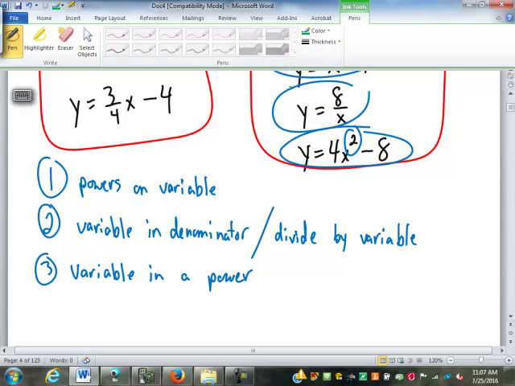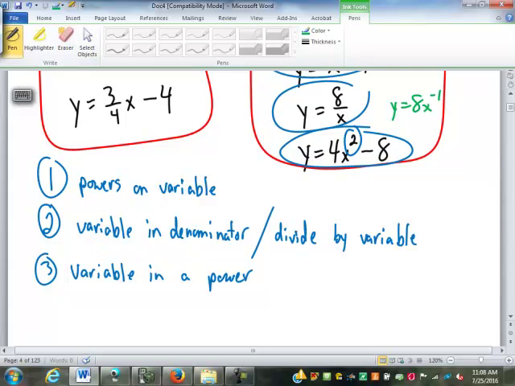This one here, a variable in the denominator, you could think of as y equals x to the power of -1. We went over negative powers a little bit. That's actually reciprocal. That's dividing by it instead of multiplying by it. But we're going to list it out separately like this for now.